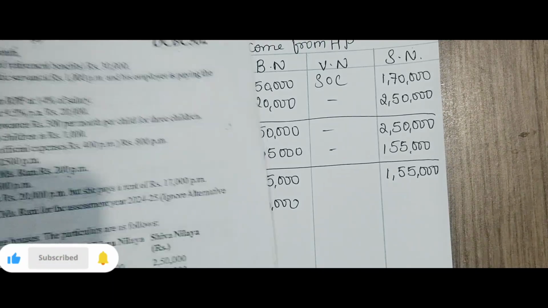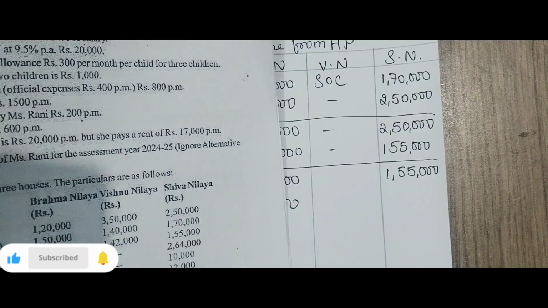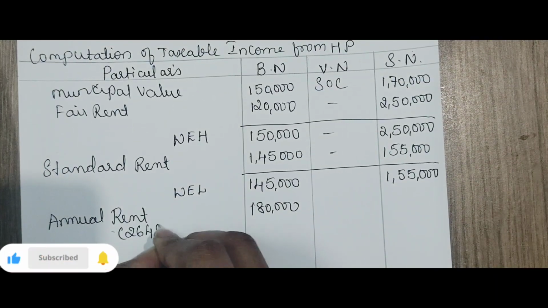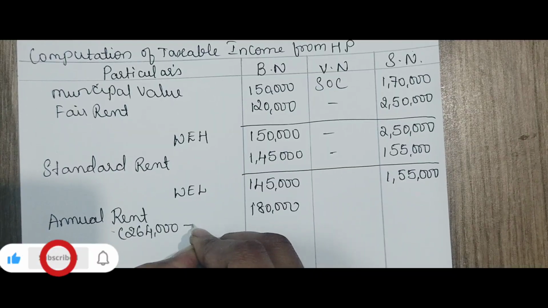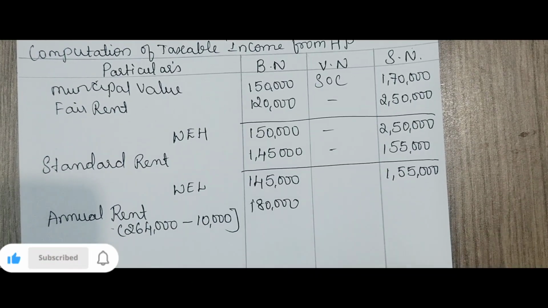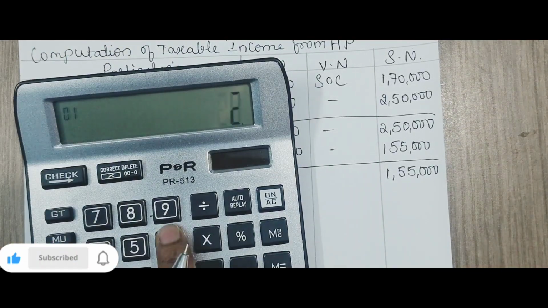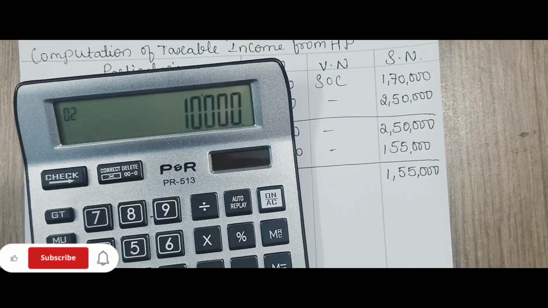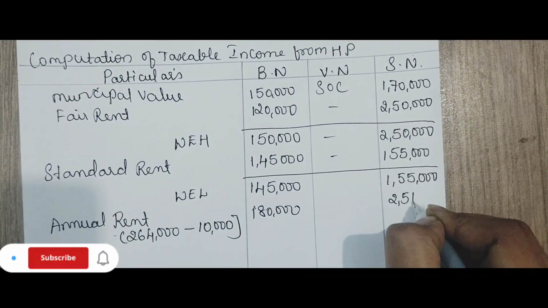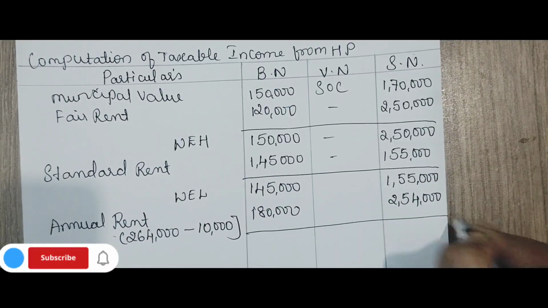For Shiva Nilaya, it is 10,000. So what is your actual rent? Actual rent is 2,64,000. From this minus 10,000. How much will it come? 2,64,000 minus 10,000 is 2,54,000.